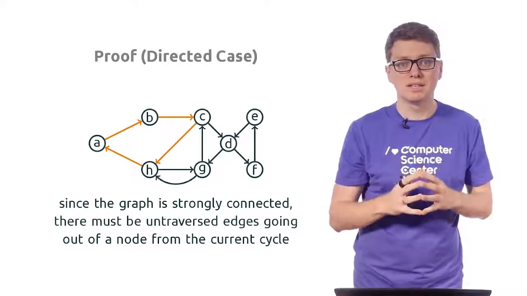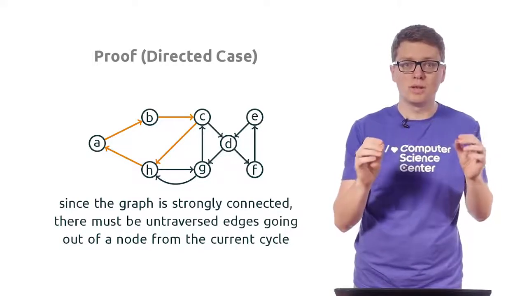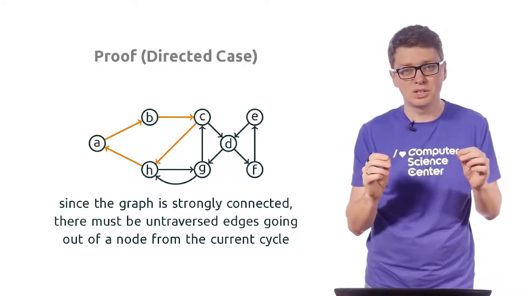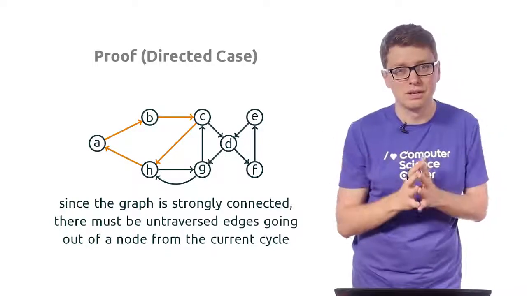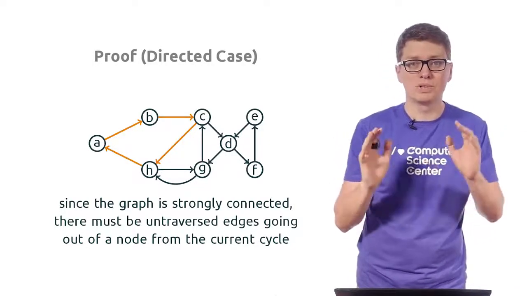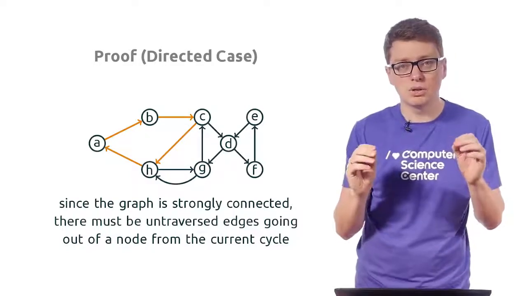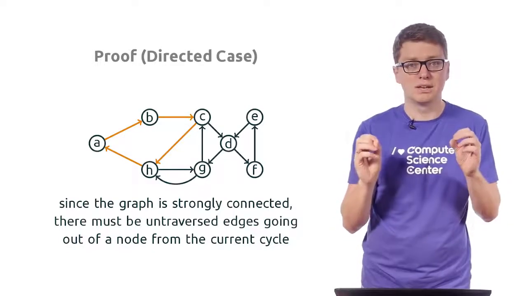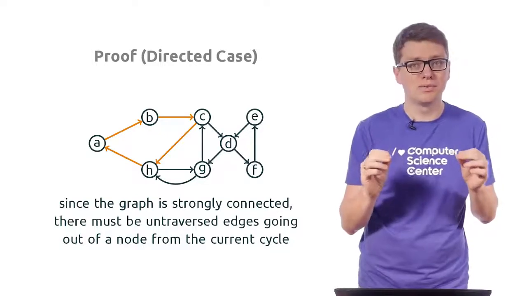This means that there should be at least one node on our cycle which is somehow connected to the rest of the graph. More precisely, there must be a node on our cycle for which there are outgoing untraversed edges.